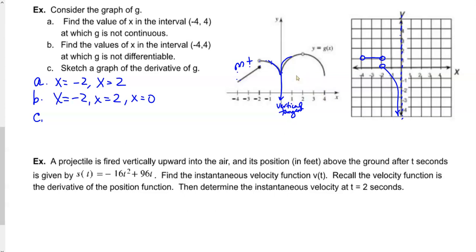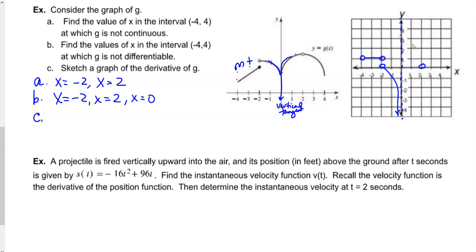From 0 to 4, I've got tangent lines that are positive and tangent lines that are negative. Now remember, we are undefined and not differentiable on our derivative at +2 as well. So that means I'm going to have an open circle there. Okay, so around here I've got positive slopes, then I have negative slopes. So at this break point where my horizontal tangent should be, I'm going to have an open circle at that 0.